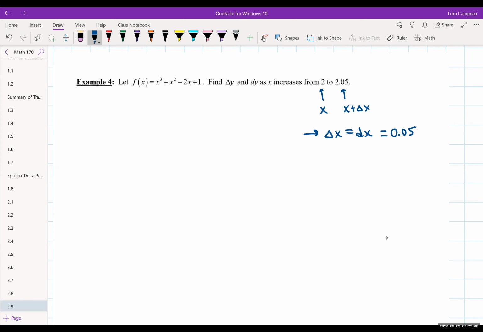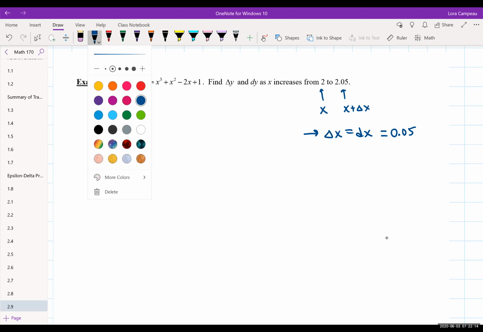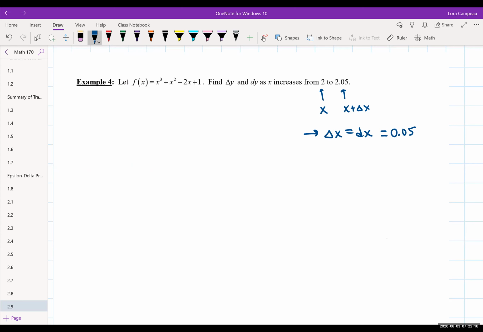So let's play with this a little bit. Let's look at a couple things. Let's look at the derivative of the function. Sometimes that's the most exciting part to calculate. So we have f prime of x, nice polynomial, thank you: 3x squared plus 2x minus 2.